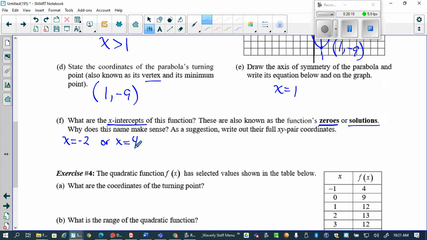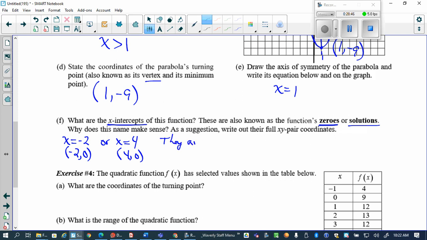And so the coordinates of this intercept would be what comma what, guys? Negative 2 comma 0, because the y is 0. What are the coordinates for this intercept? 4 comma 0, the y is 0. So they call it the zeros. These are where the function, the output, equals 0.